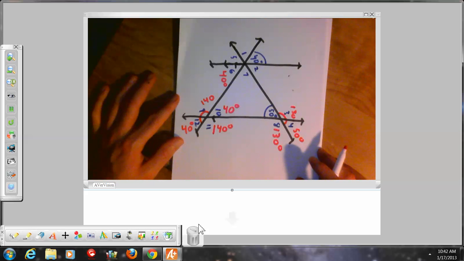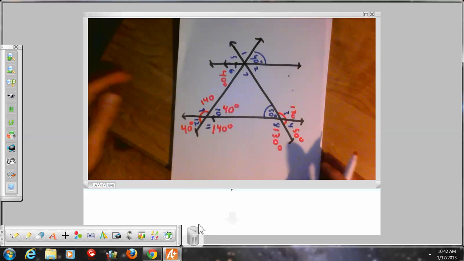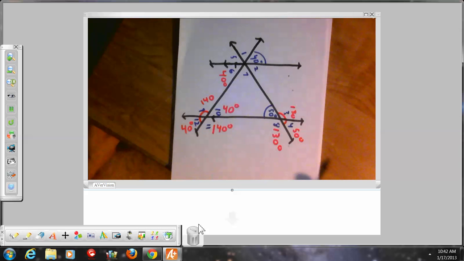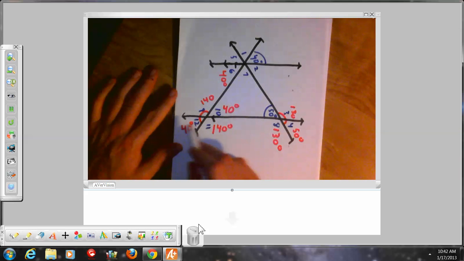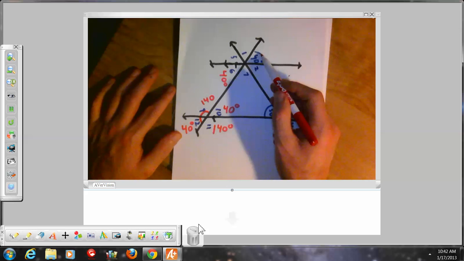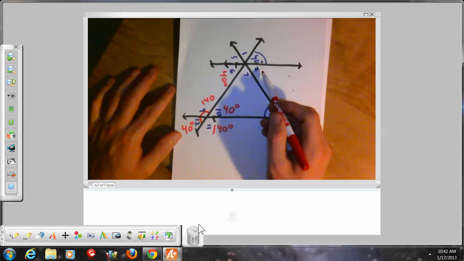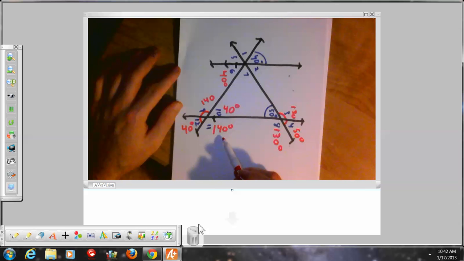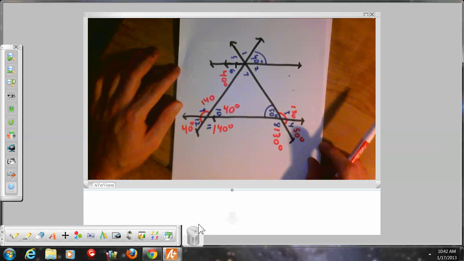Okay, so now what we're gonna look at is we're gonna compare the transversals again. Okay. So we know that this angle is the same as this angle, and we also know that angle 7 plus angle 2 is going to be equal to 140. And we know that also that angle 5 plus angle 1 is also going to be 140.